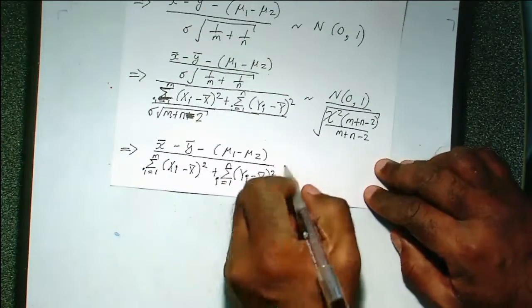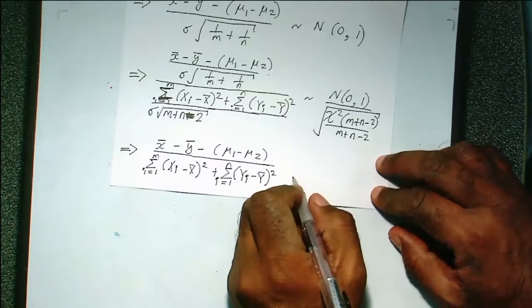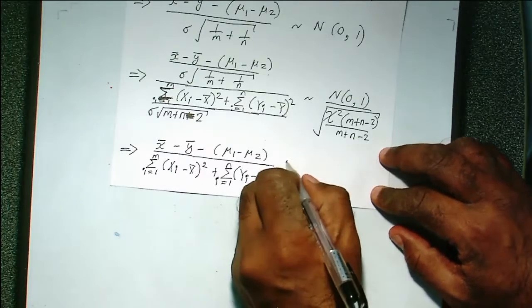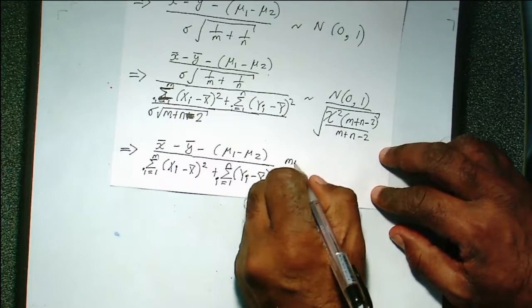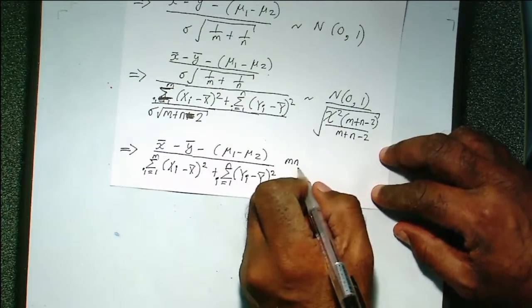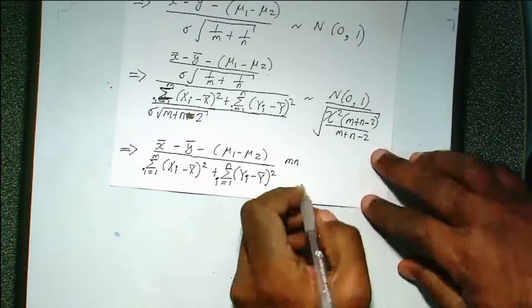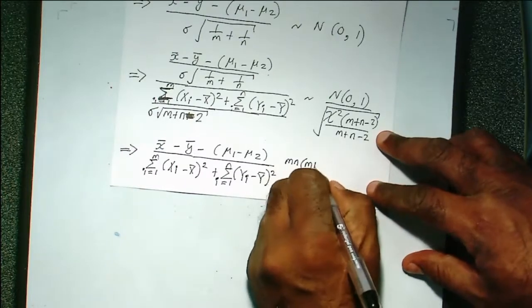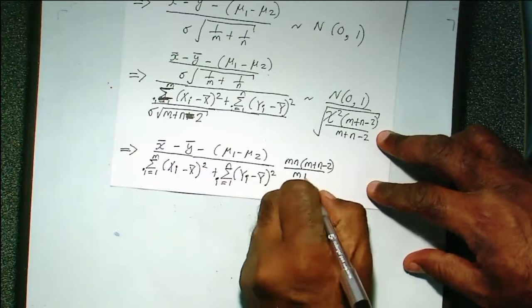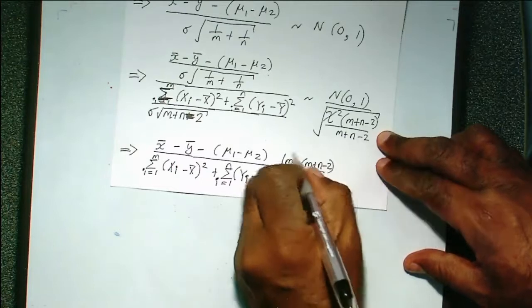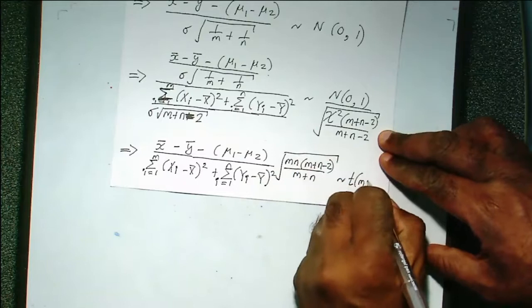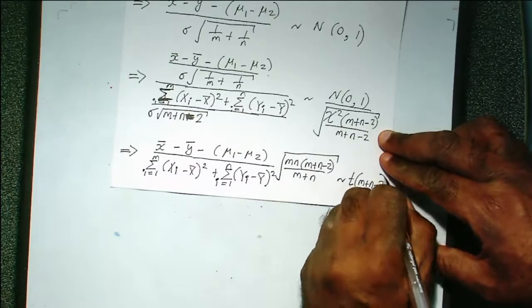And then you have mn times (mn plus) minus 2 divided by m plus n. And this will have a t distribution with m plus n minus 2.